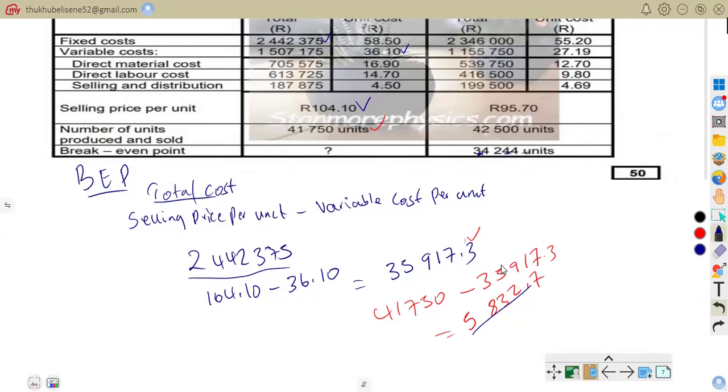So it has increased to 35,970. So that is the increase that I'm talking about. Hope we understand each other on that. So now let us go to another question.